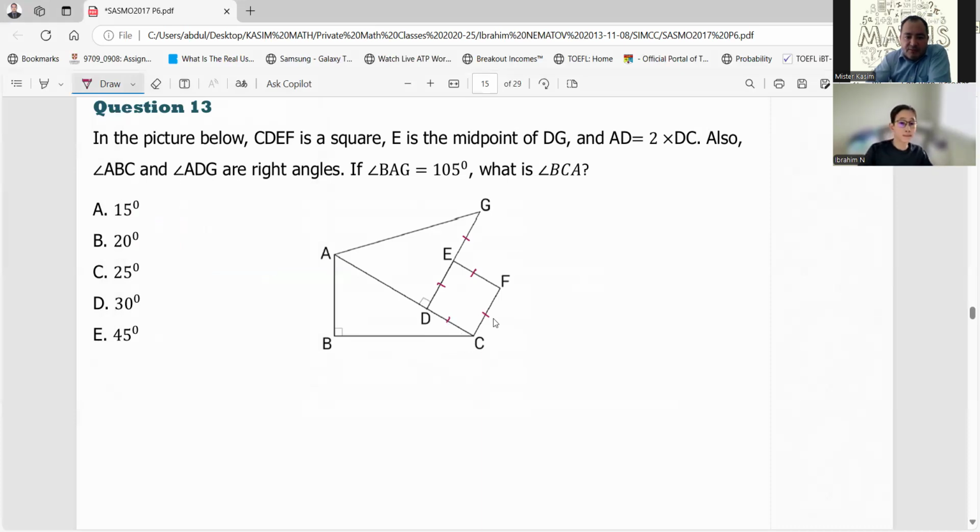So if this one is X, this should be 2X. Also, ABC and ADG are right angles. BAG is 105 degrees. What is BCA? We have to find this angle, right? That says X.